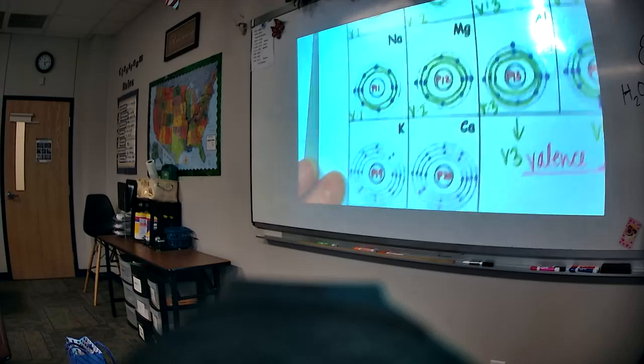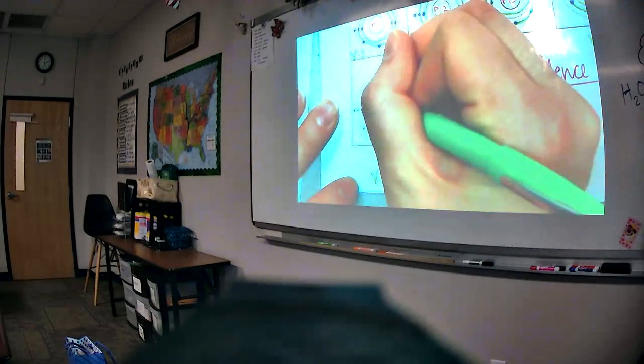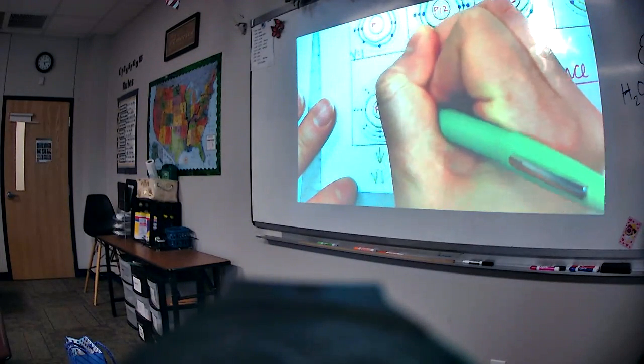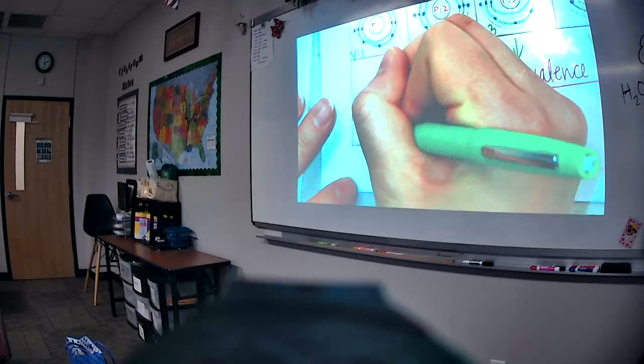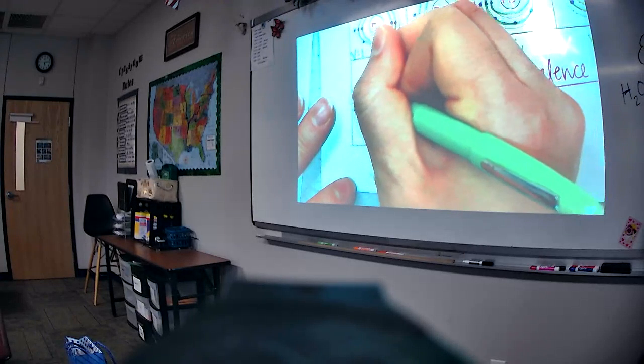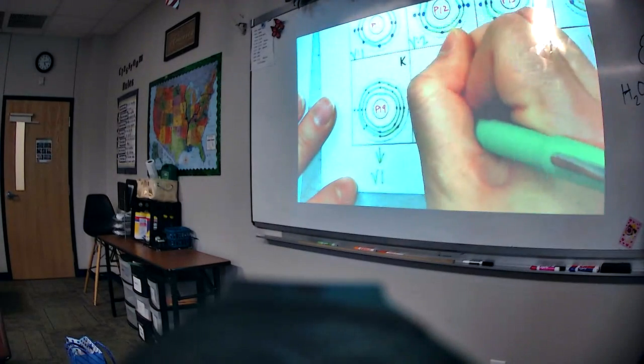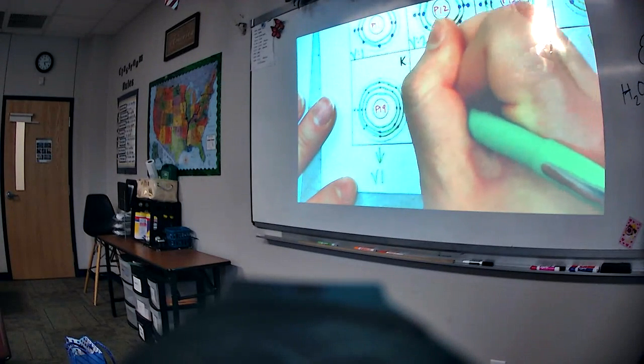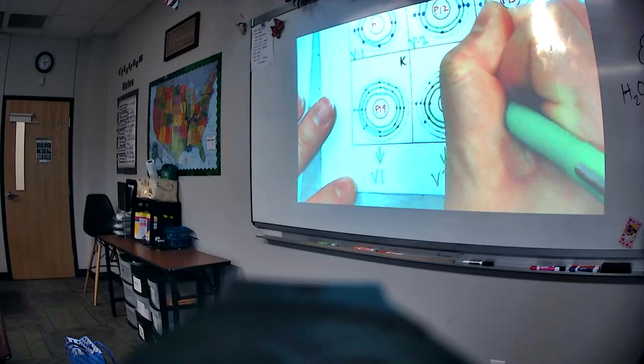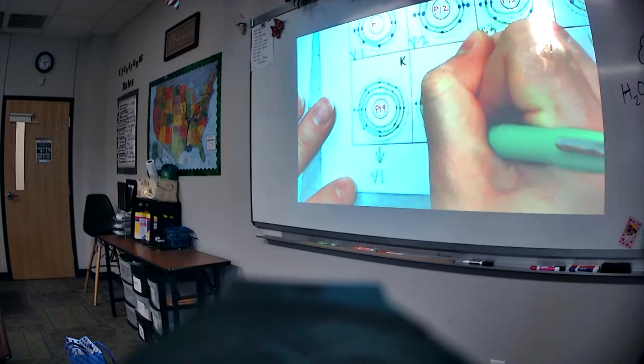Now, these valence electrons are important for one reason. These are what determine whether or not an atom can bond. Think of atoms as almost unhappy if their outer shell isn't full.